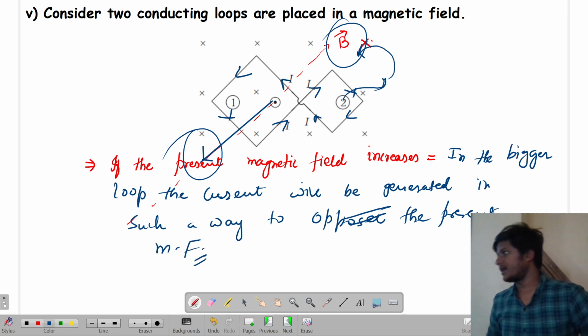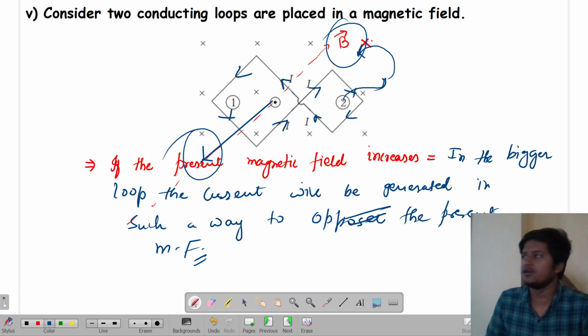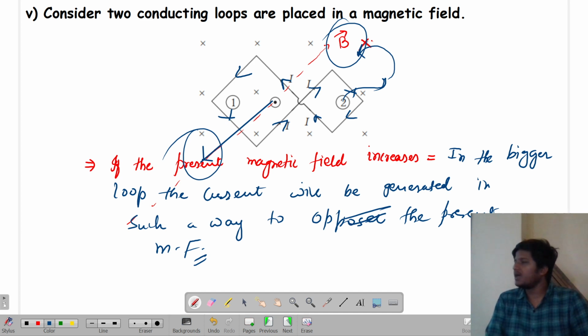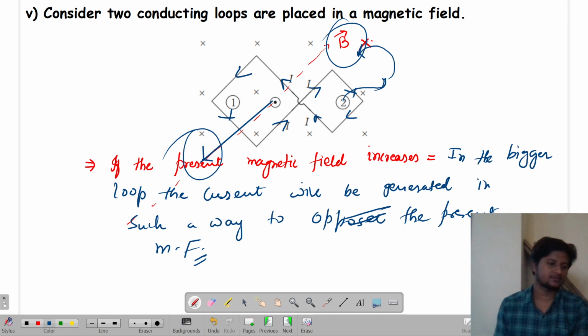In the bigger loop, remember that whenever there is an intersection of two loops, three loops, concentric rings, in the bigger loop the current will be generated that way. Right or not? Is it okay or not?